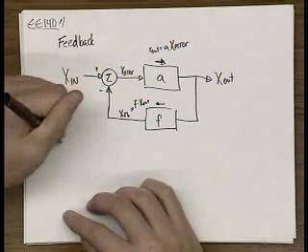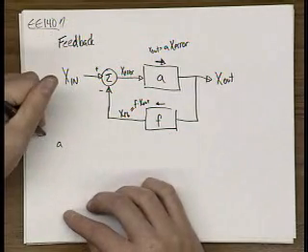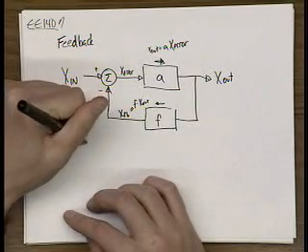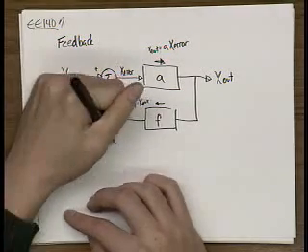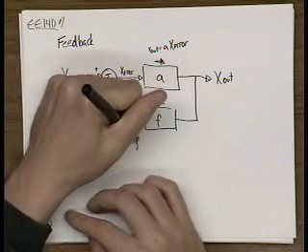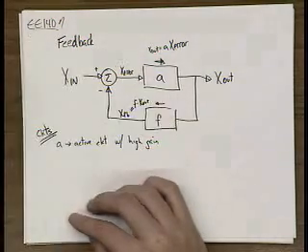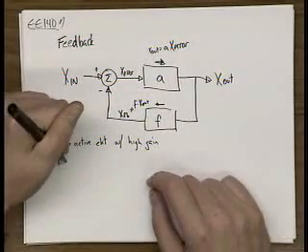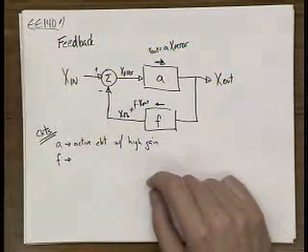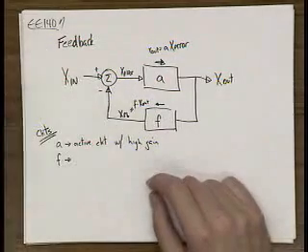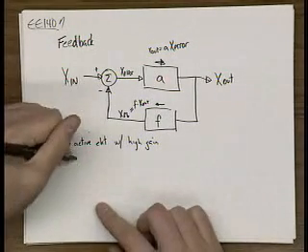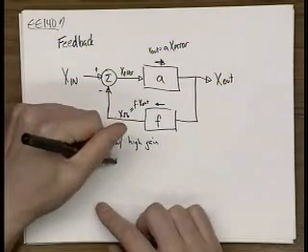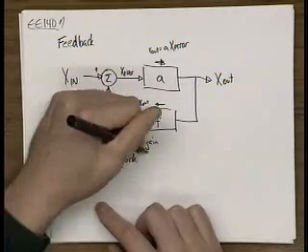And in general, in circuits, A is an active circuit with high gain, or really in feedback theory, A is typically quite high. F is typically a passive network, not always.